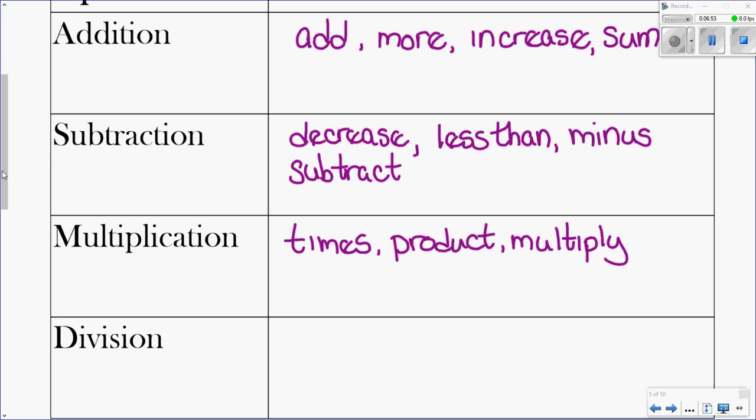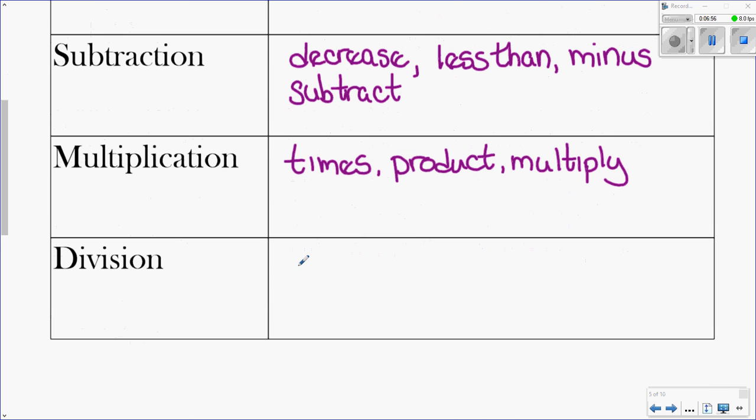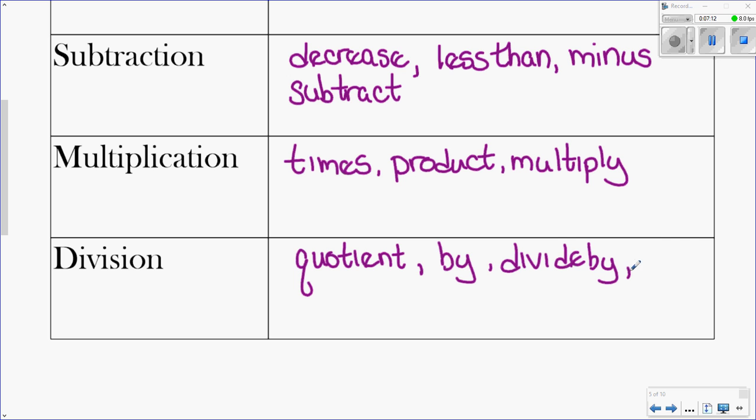Those are a few that they would use. And division, you'd see quotient, or the word by, like divide by. Or the word per. Those are a few. You may know some others, but these are just a few that you would see.